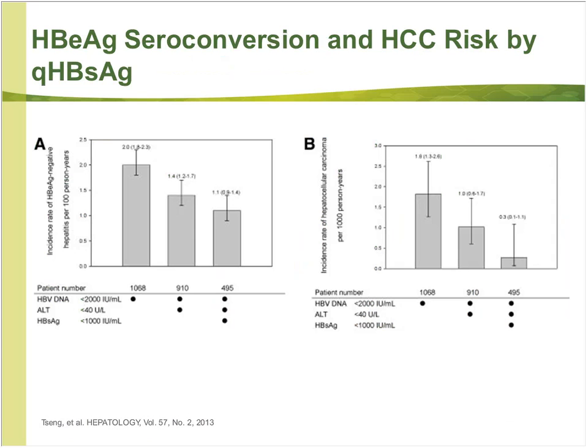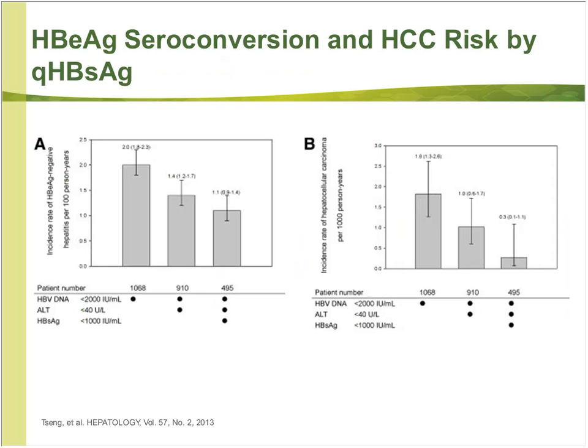E-antigen seroconversion. So we want our patients who have e-antigen positive disease to lose e-antigen. That could be naturally or with therapy. Now, the lower the S antigen, and when patients lose e-antigen, their liver cancer risk is lower.